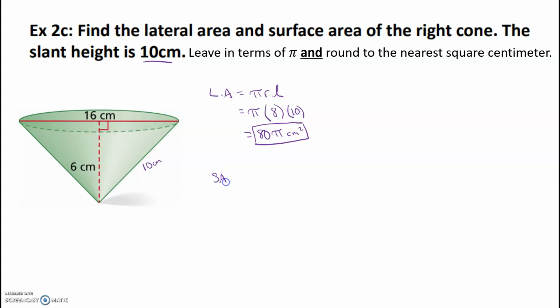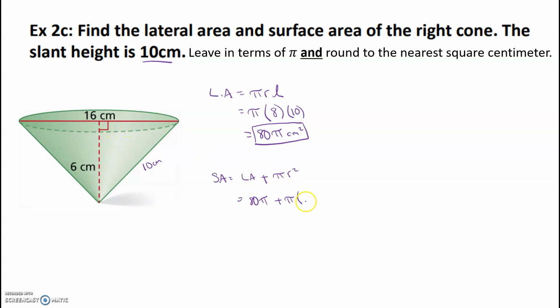They also wanted surface area. So surface area is lateral area plus your base. Well, your base is a circle, so pi r squared. So my lateral area was 80 pi. All right, that was all this stuff wrapping around. And we want to add in that circle on the bottom.